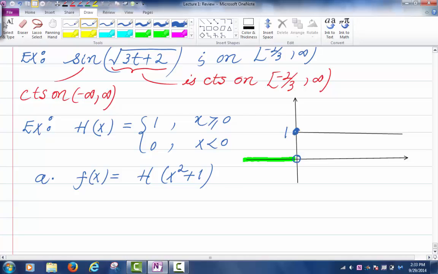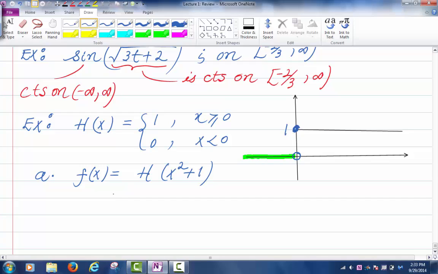So in fact, I can say that this function f is continuous everywhere, even though individually the outside function is discontinuous at 0. When you're taking the composition, the inside is never 0, so you never have to look at the outside at 0. Okay? So it's continuous everywhere.